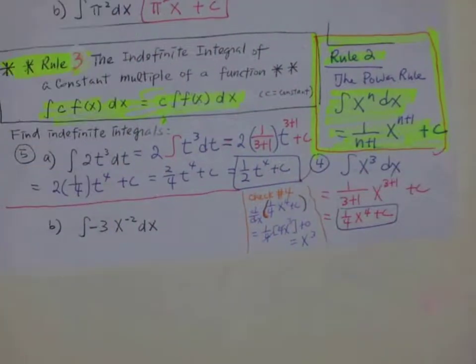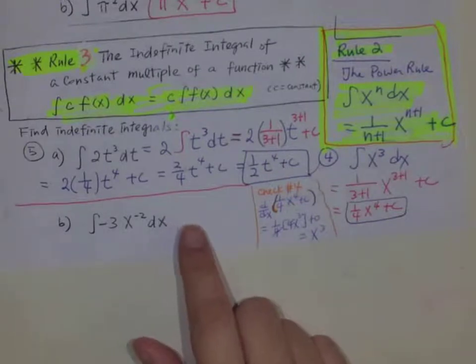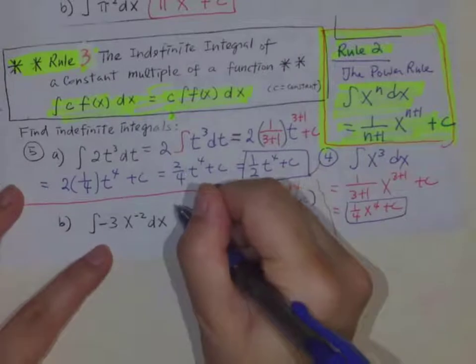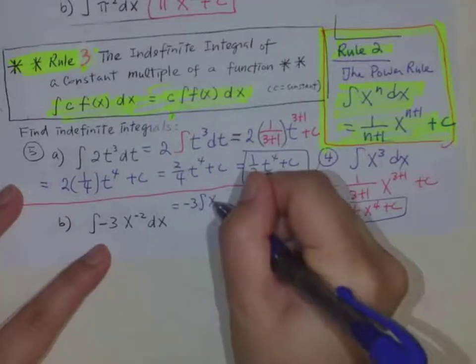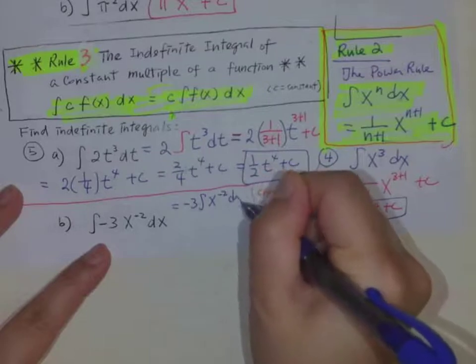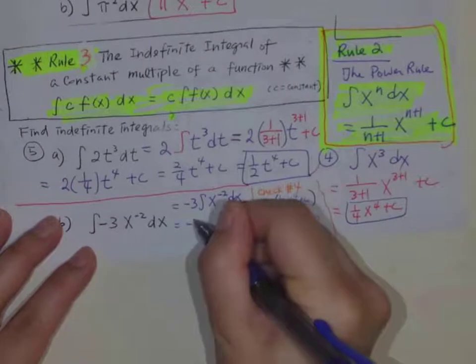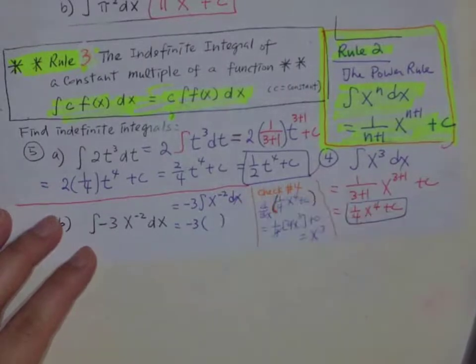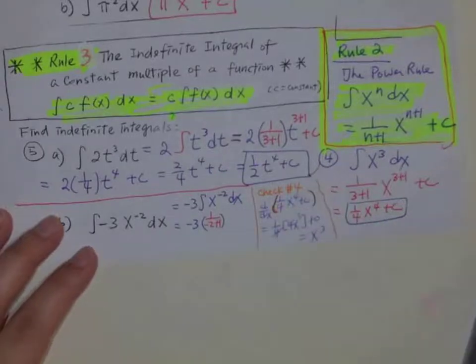Okay, so let's look at b here. So again, we should pull out the coefficient first. So pull out -3. I need to take integral of x raised to -2 dx, right? So equal to -3. I need to pull 1 over -2 plus 1.